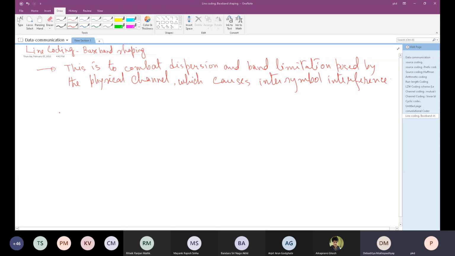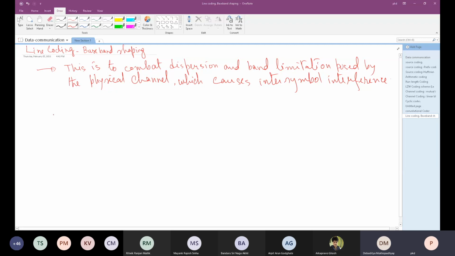This aspect is also taken care of in the power signaling, that is, when we do modulation in the analog front end. There also, to some extent, it is taken care of. But here we will discuss the digital coding, which is also known as baseband shaping. The other aspect of the analog front end is the carrier band shaping.